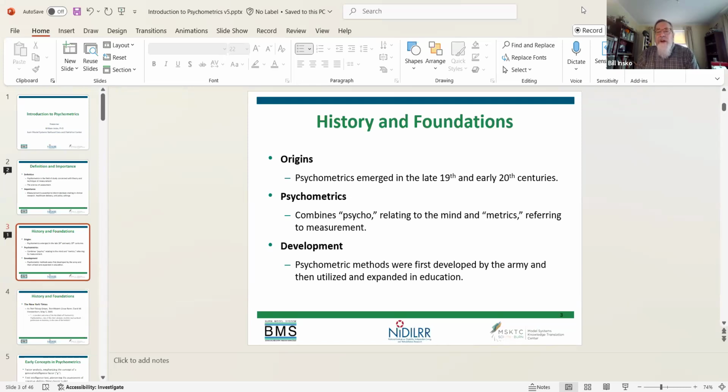Really, the development of assessments per se started in World War I with the Army Alpha. What the Army found out is that you couldn't just hand a rifle to anyone anymore. Starting in World War I, you had tanks.